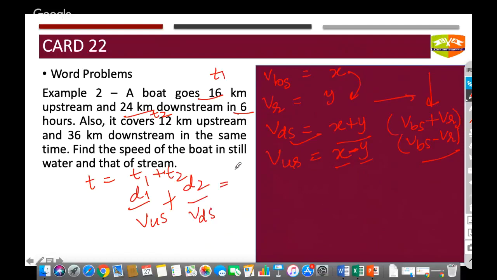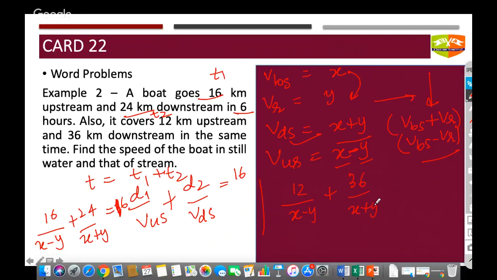So I'm writing here 16 divided by x minus y plus 24 divided by x plus y is equal to how many hours? 6 hours. Similarly, 12 kilometers upstream, so 12 divided by x minus y plus 36 divided by x plus y is equal to the same time, so the same 6 hours.